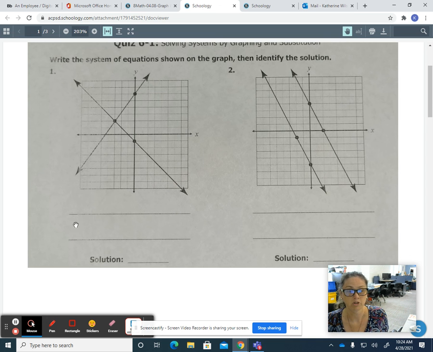You're going to write me 2 equations, and the solution is your point of intersection, if there is one. Of course, you would tell me no solution or infinite solution, depending on whether it's parallel or the same line. So your solution is either going to be an ordered pair, a 0, or an infinity symbol. Those are your 3 options for your answers where it says solution on all of these problems.